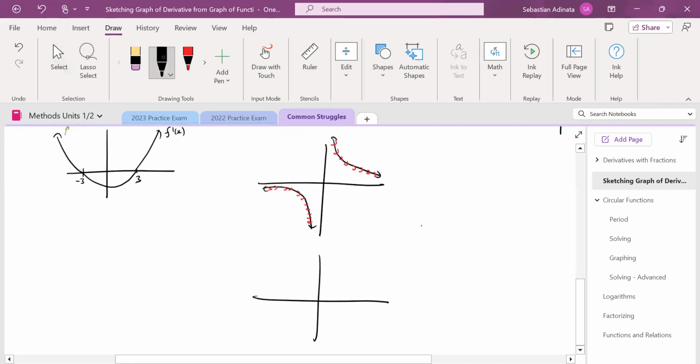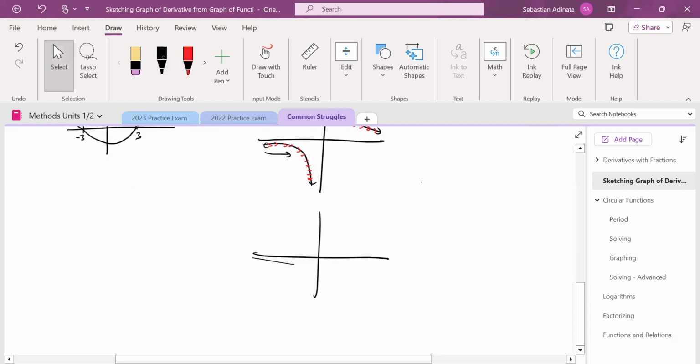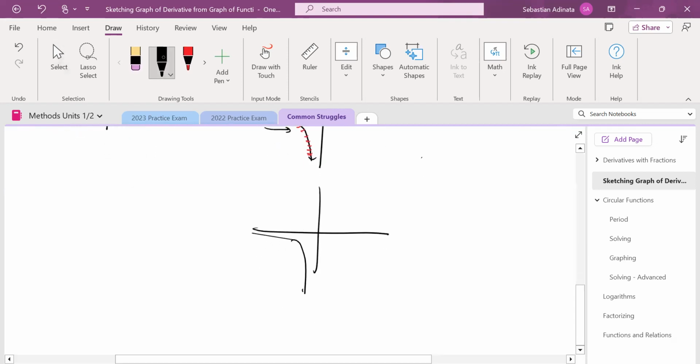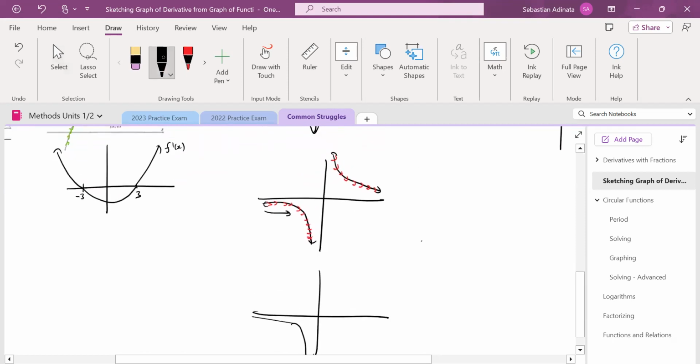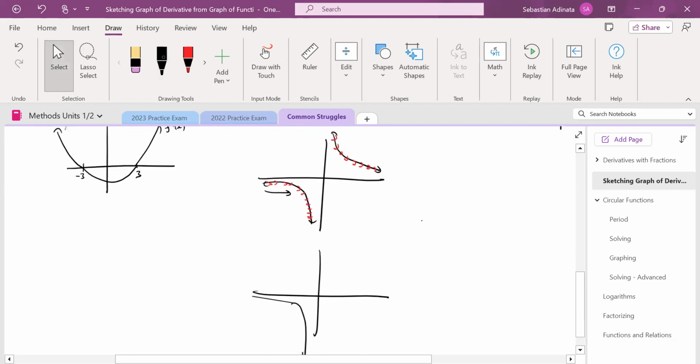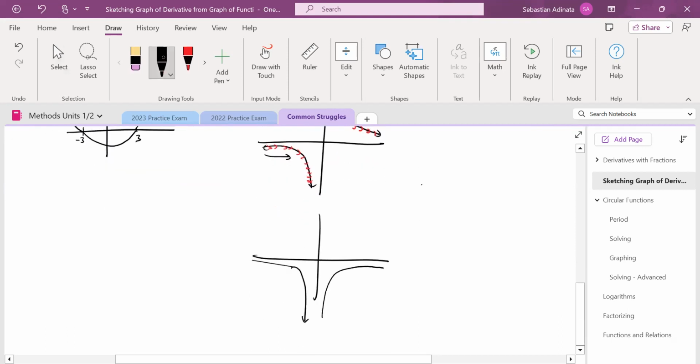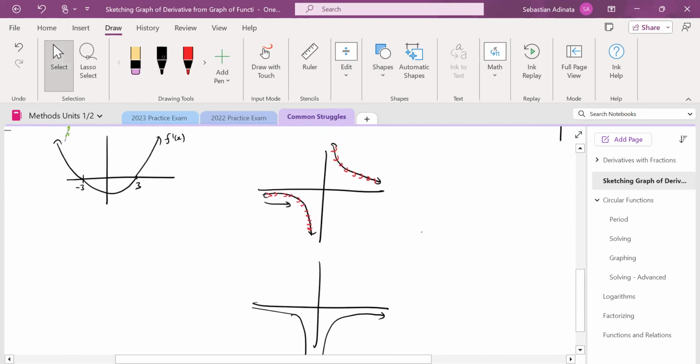Now, we can clearly see that from here, it only decreases a little bit. And then it starts to decrease a lot. And here, we can see that it's decreasing a lot and ends up tapering off.